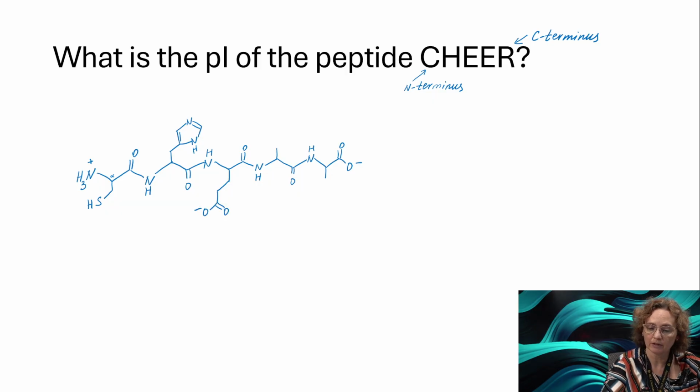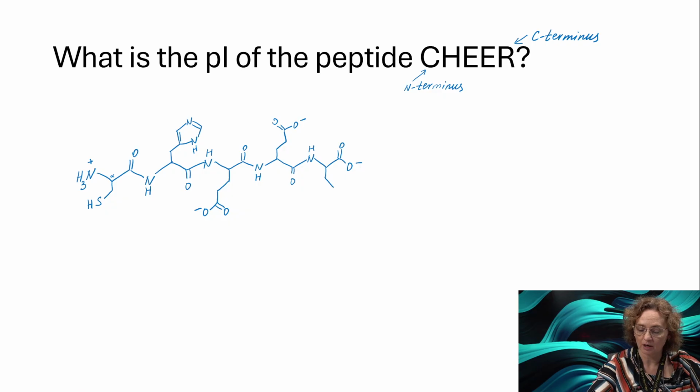We have another E, another glutamate. And finally, we have R, which is arginine. Arginine has 3 methylene groups, and then a guanidino group after that.